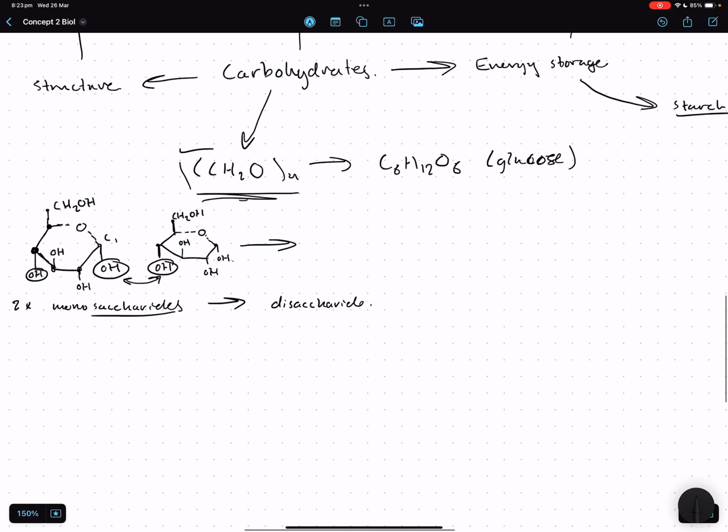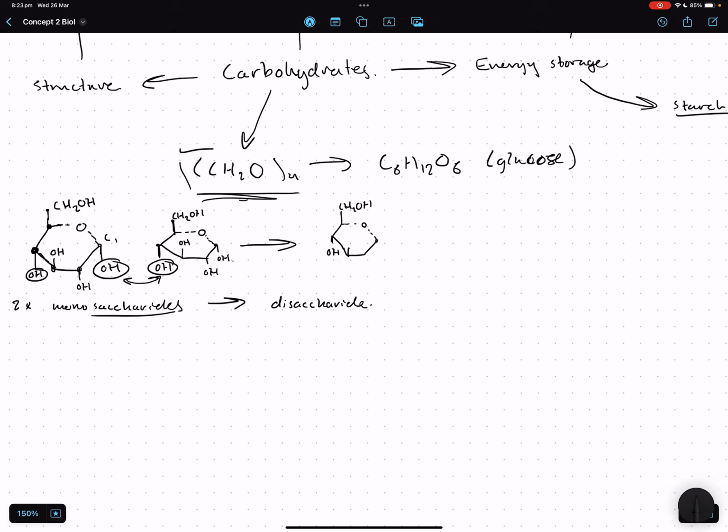Okay, not too difficult, I hope. So this forms into a disaccharide. Draw this out. CH2OH.